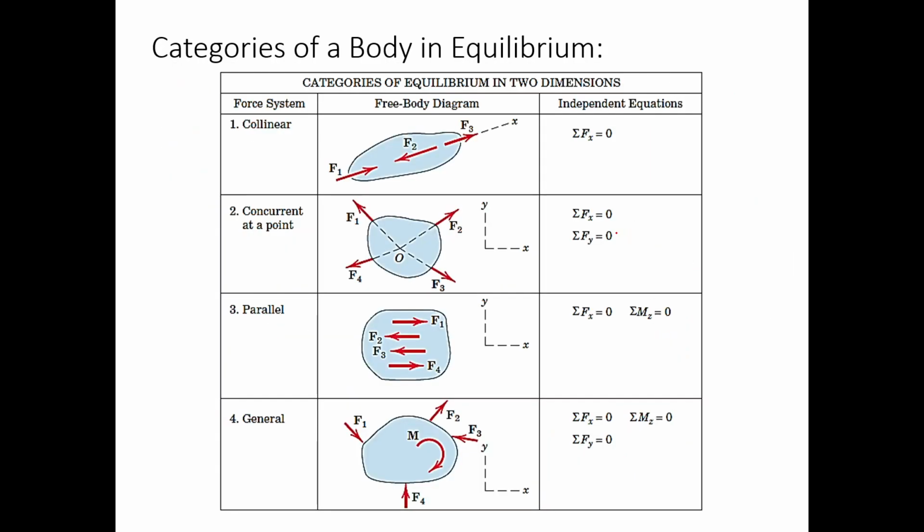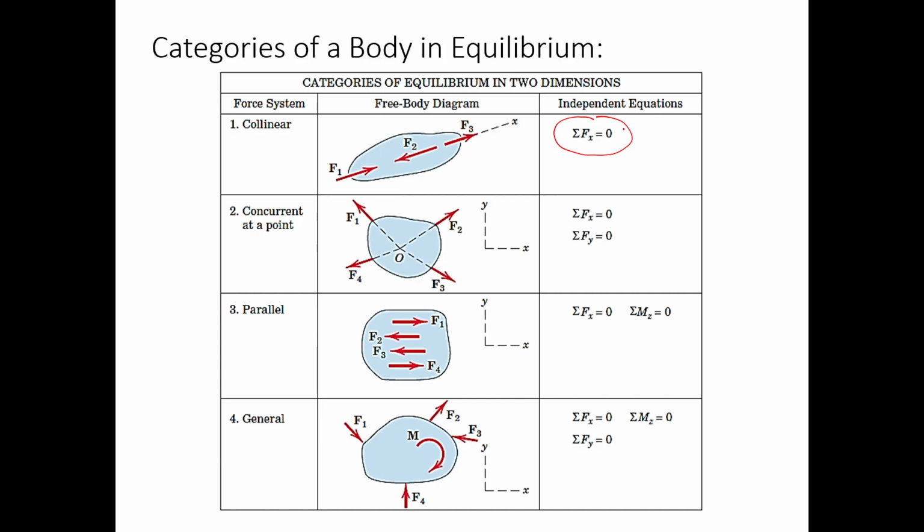Okay, so categories of bodies in equilibrium. What we have discussed so far is that if you have collinear forces, meaning let's say you're only dealing with horizontal forces, you're going to use one independent equation, which is the summation of forces x.